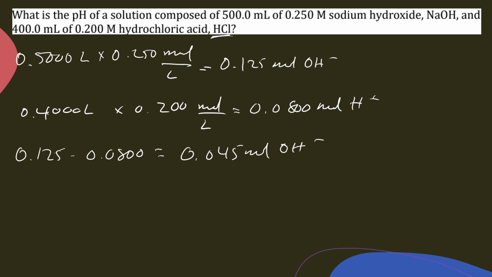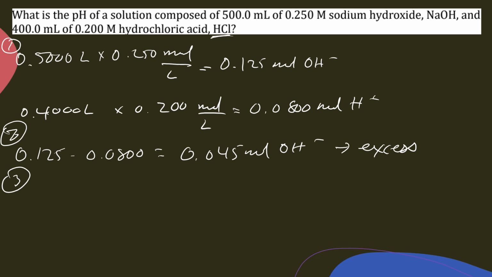This excess will determine my pH now. So you can say that this was step one. Well, first your step one should be: is it a weak acid, strong acid, whatever. Then determine the moles, determine the excess, get the concentration.